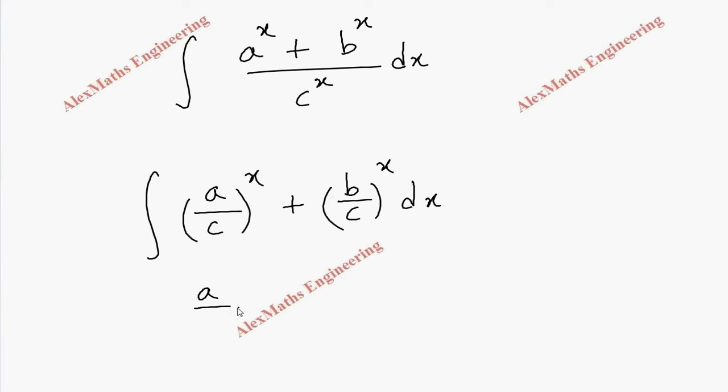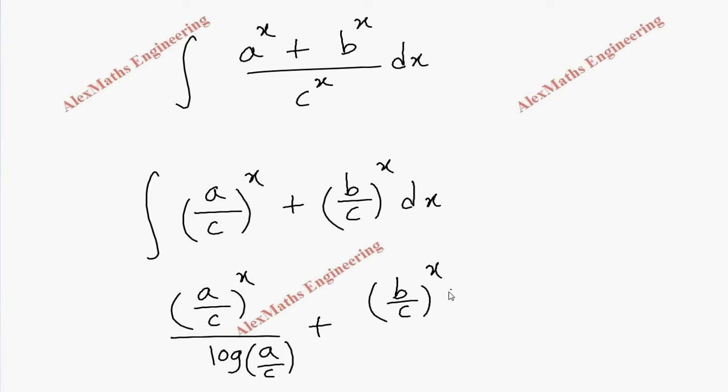Applying the same formula, a by c whole power x divided by log a by c plus b by c whole power x divided by log b by c and some constant. Already there is c, so I put another constant k.